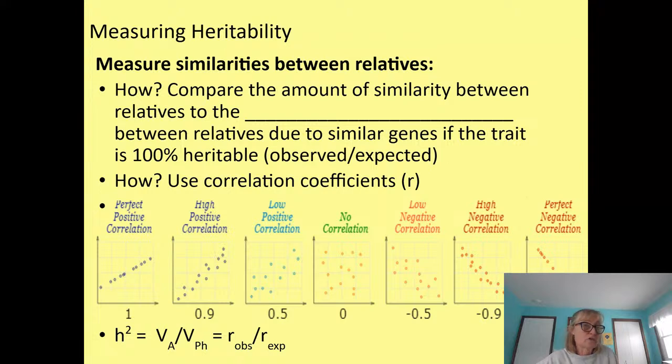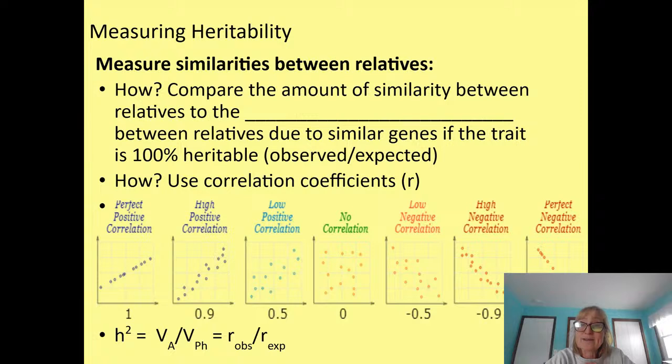You could also measure similarities between relatives. This one is fun. We know things about relatives. We know on average what proportion of their genes they share. So here's another way to measure heritability that's been used.